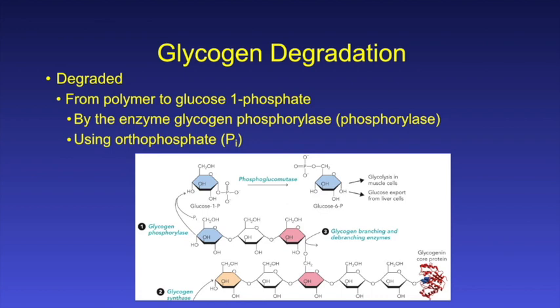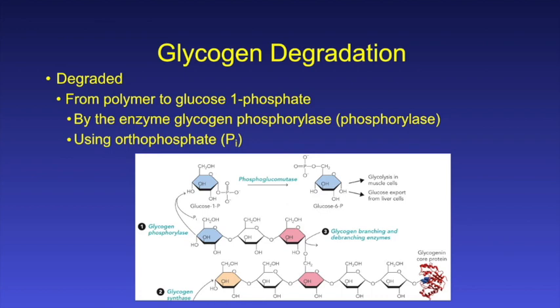And what we want to do is release glucose from these storage molecules, and since it has a number of ends, actually thousands of ends, an enzyme called glycogen phosphorylase, or what we call phosphorylase, uses inorganic phosphate and reacts with the ends of all of these branches, and by using the inorganic phosphate releases glucose 1-phosphate.